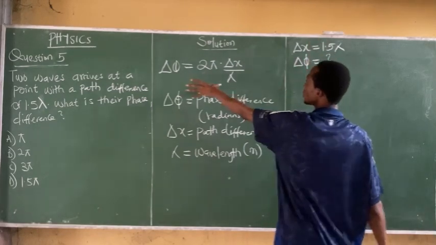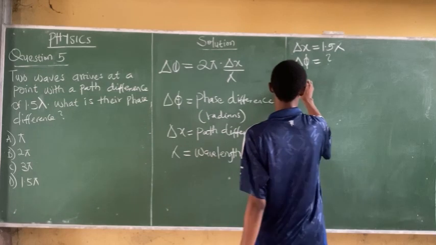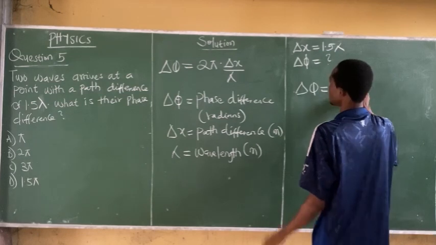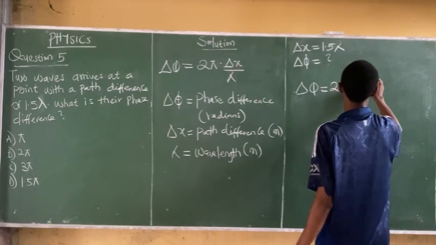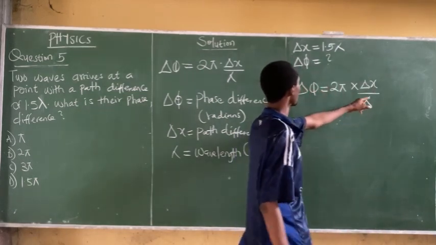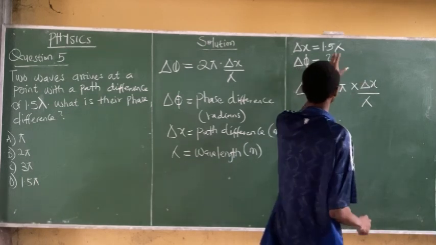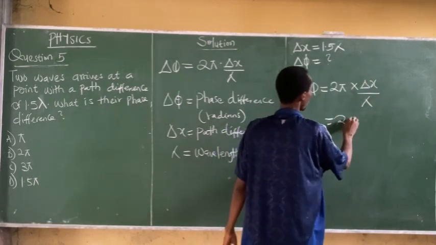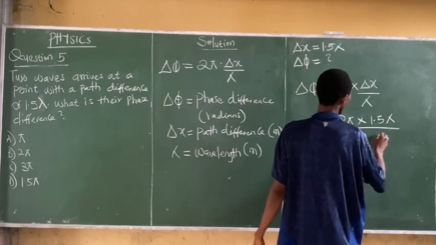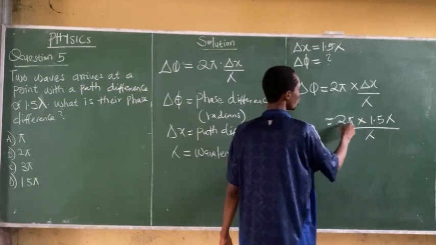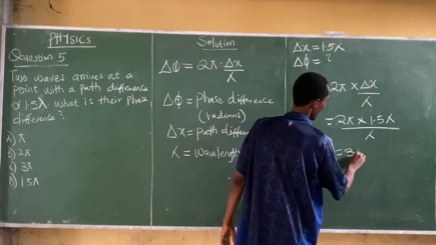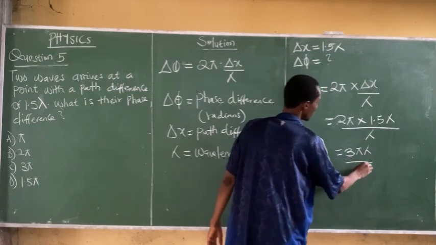If we substitute this into the equation to get the phase difference, we have that the phase difference is equal to 2 pi times the path difference divided by lambda. The path difference is 1.5 lambda. So we have 2 pi times 1.5 lambda divided by lambda. 2 times 1.5 gives us 3. So we have 3 pi lambda divided by lambda.